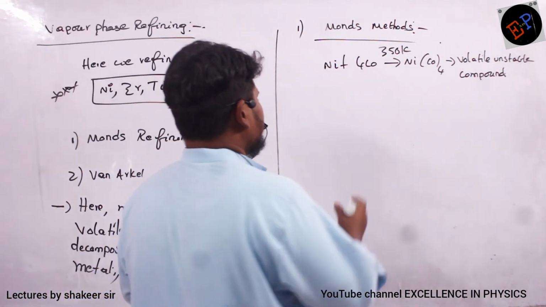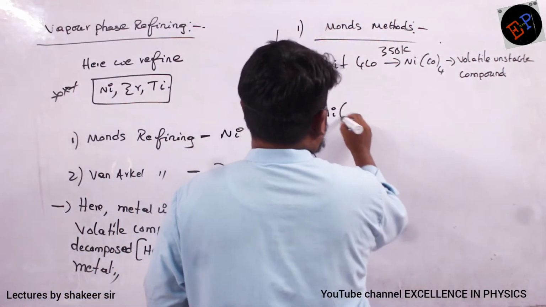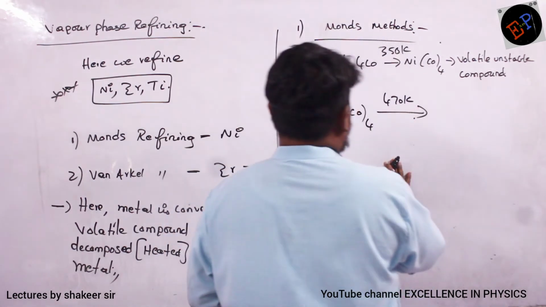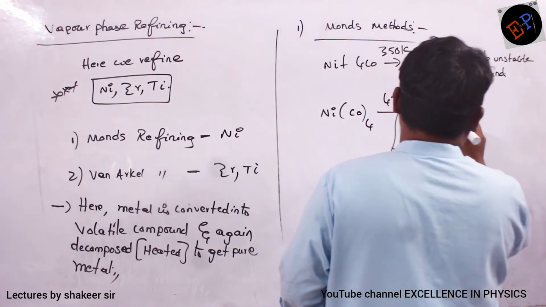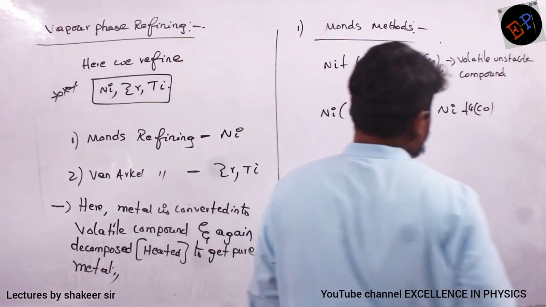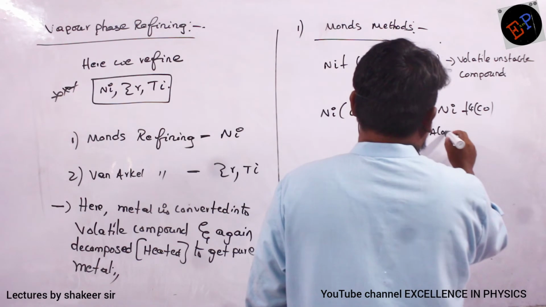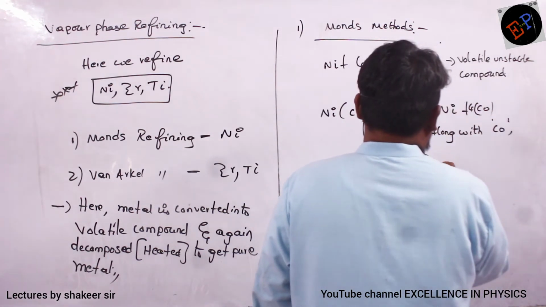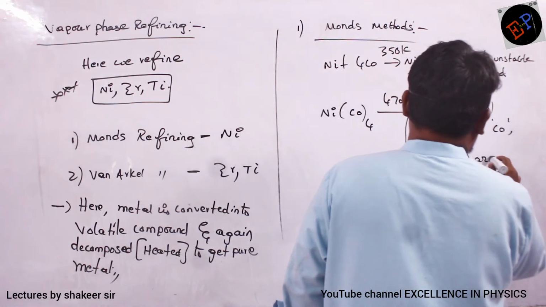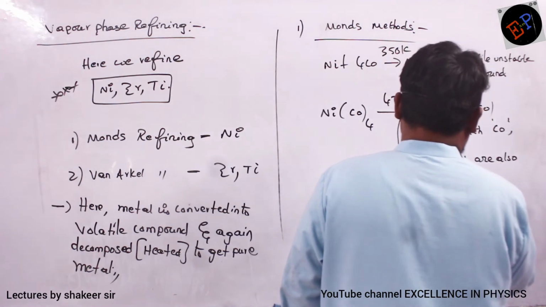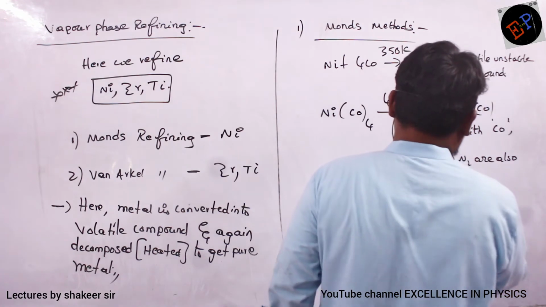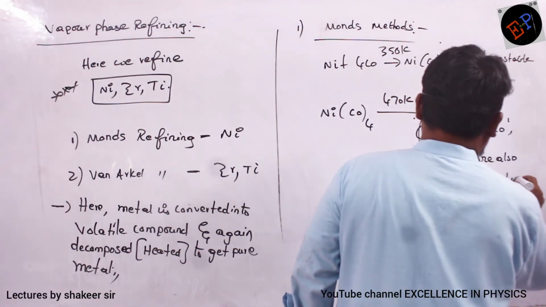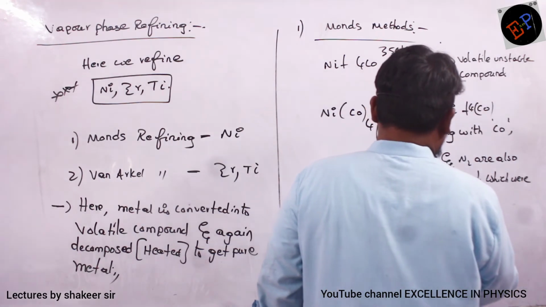Then this Ni(CO)4 is again heated up to 470 Kelvin to convert into nickel plus 4CO. And along with carbon monoxide, oxygen and nitrogen are also released, which were the impurities.